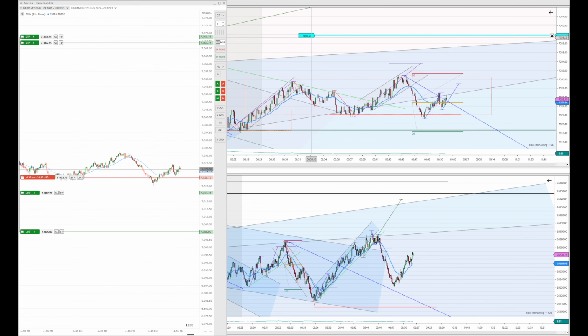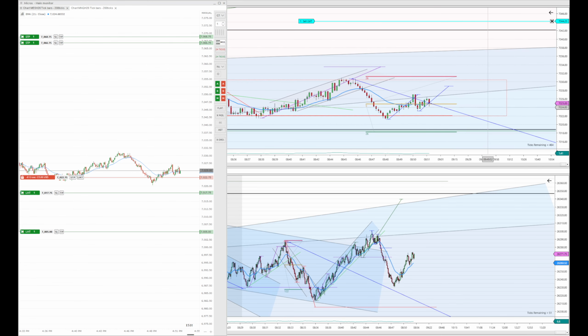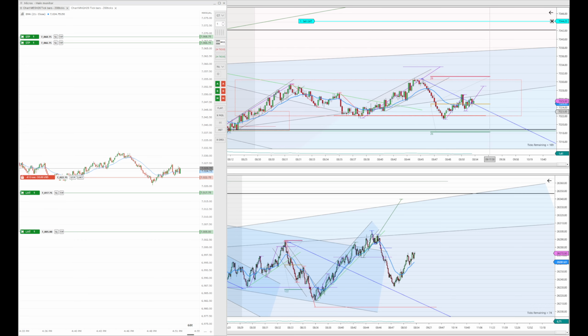Just reverse. EMA is still holding, however, while we have this potential break.